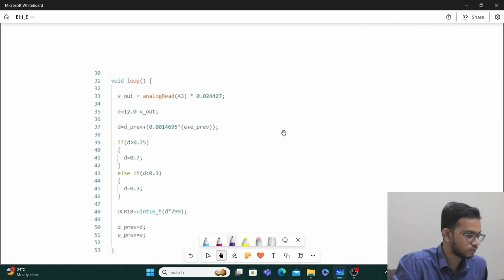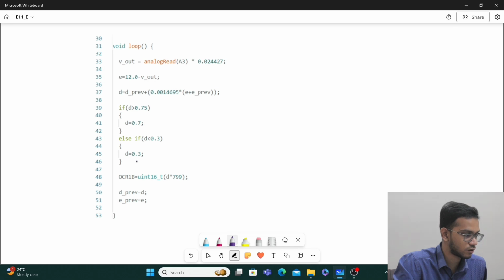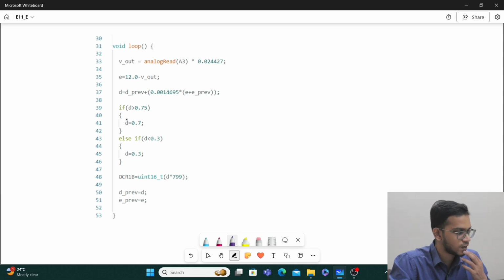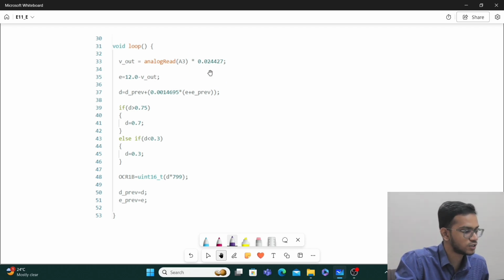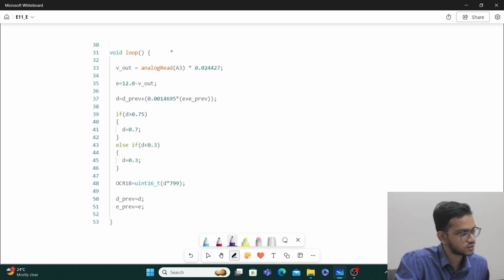The second way to compute the time consumed for one iteration of the infinite loop is by using the micros function. In this area, you can write t1 equals micros, and then here you can use t2 equals micros, and then t3 equals micros, and so on.